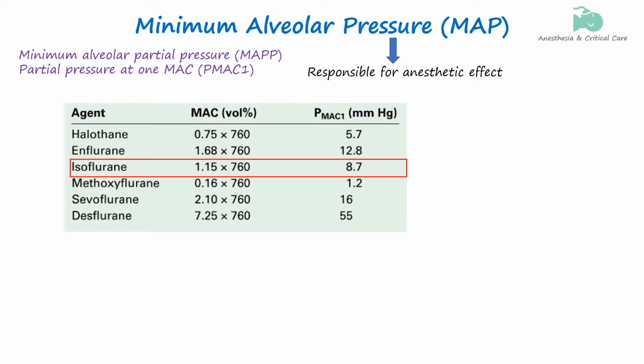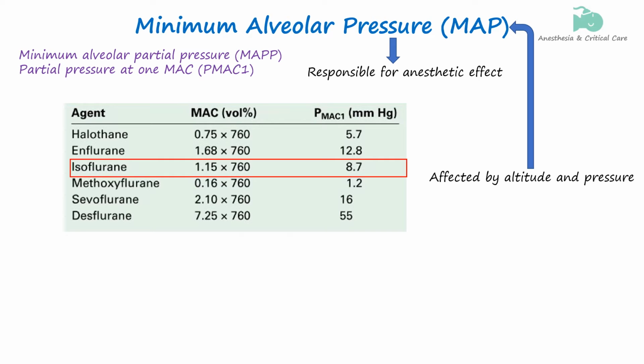When administering inhalational anesthetics at different altitudes, it is crucial to consider how altitude affects the partial pressures of anesthetics. The partial pressure of inhalational anesthetics is the pressure exerted by the anesthetic gas within the mixture of gases in the lungs. It is calculated by multiplying the atmospheric pressure by the concentration of the anesthetic gas.